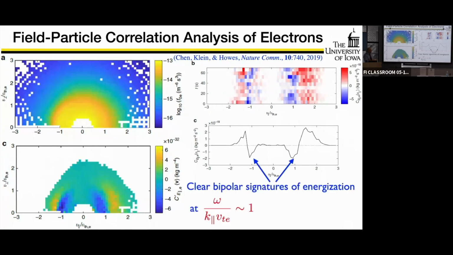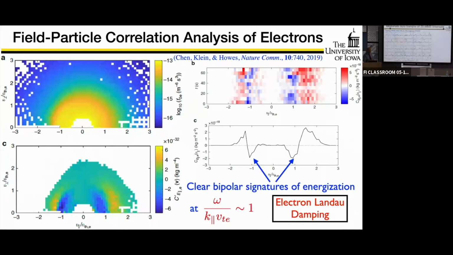And we see two very clear bipolar signatures of energization that are associated with the Landau damping of kinetic Alfvén waves that are either propagating up the magnetic field or down the magnetic field. So this was the first definitive spacecraft observation of Landau damping in a space or astrophysical plasma.